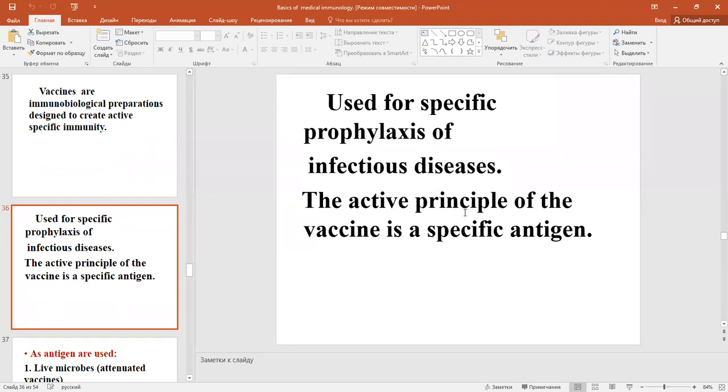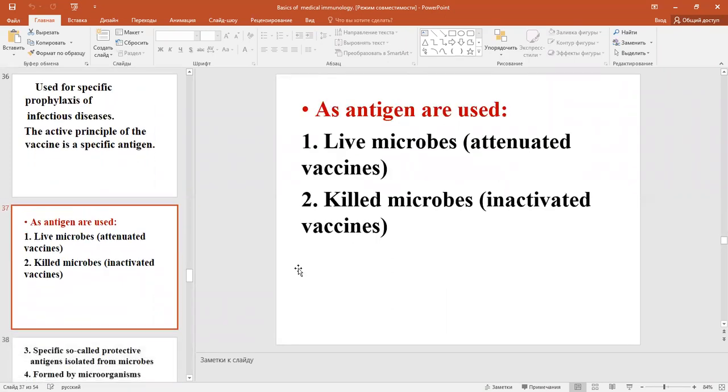The active principle of the vaccine is a specific antigen. All vaccines consist of antigens, because we are going to stimulate the immune system. What are they? As antigens, live microbes are used, but with mild virulence.